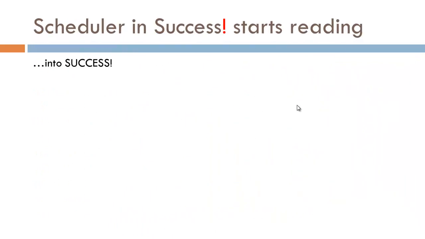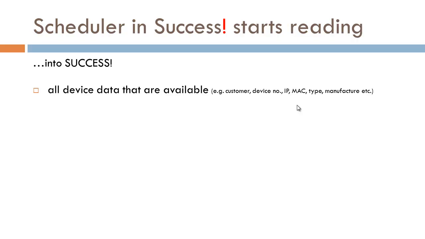The scheduler in Success starts the reading into Success. What this means is we have an automatic process that reads all the data I explained before, in detail the device numbers, IP, MAC, what type of model we have, the manufacturer, etc. And then we have what we call the status request.